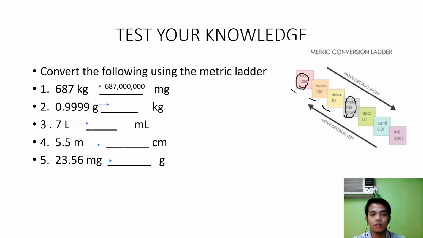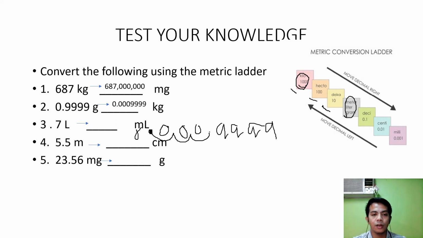Okay, so 0.9999. So 1, 2, 3. So now this is the place where we find the decimal place. So the answer would be 0.0009999. So that is the answer for number 2.